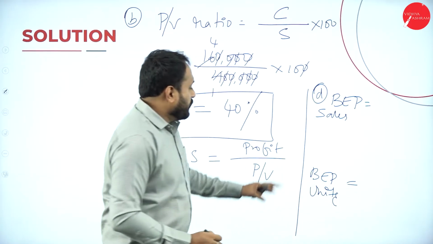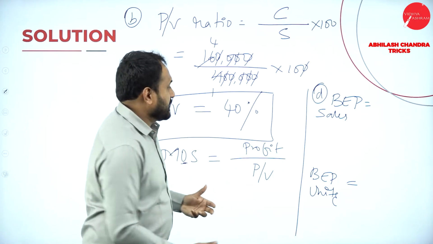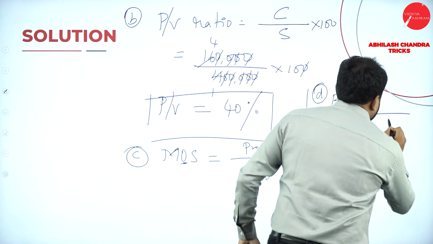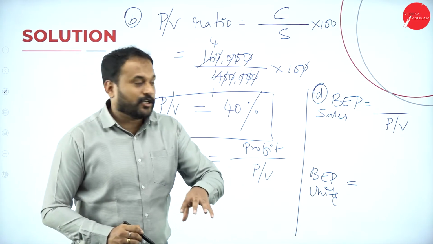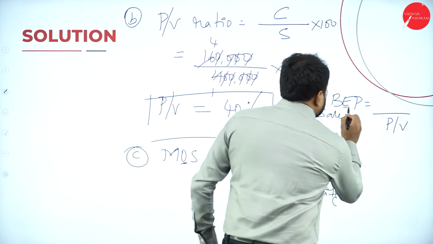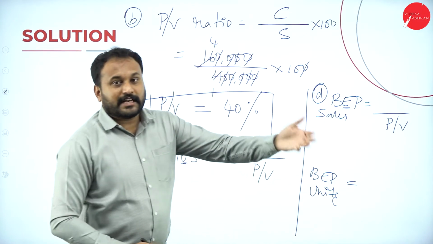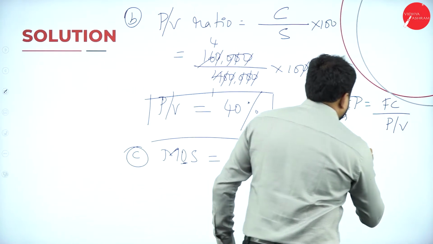For all these, again the same formula, that is Abhilash Chandra tricks. For BEP also, PV is in the denominator. In the sales, the middle alphabet is E. After E, what will come? F. F means fixed cost. So I'll write here fixed cost is equal to.